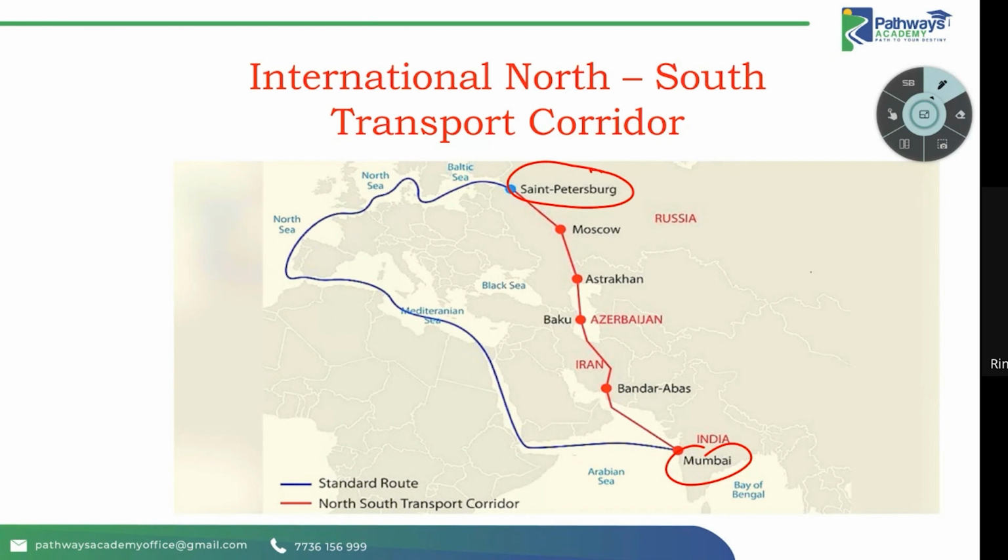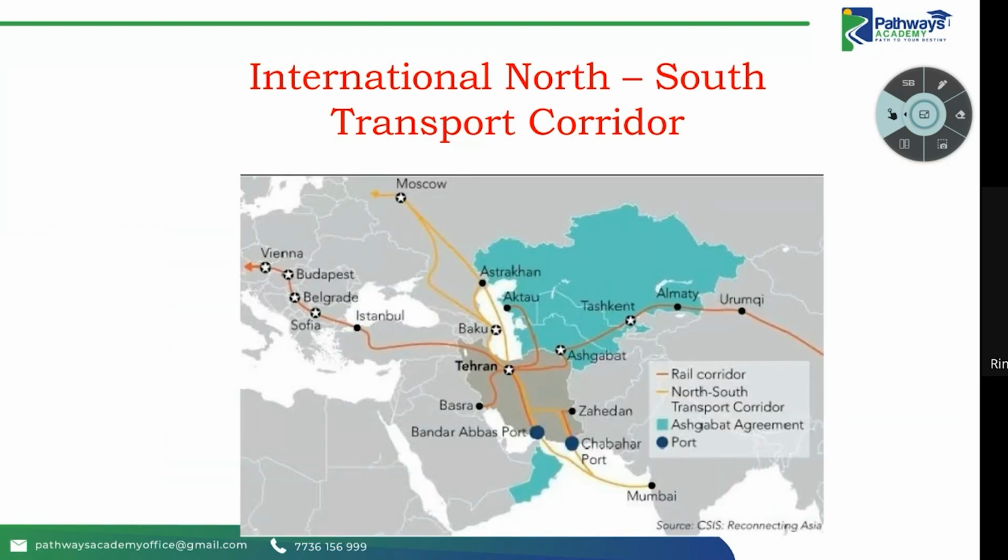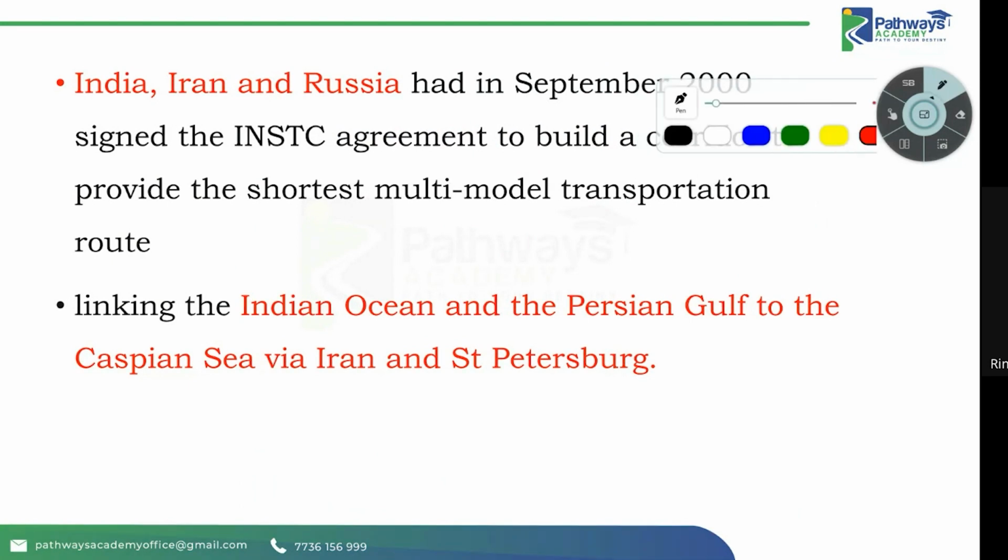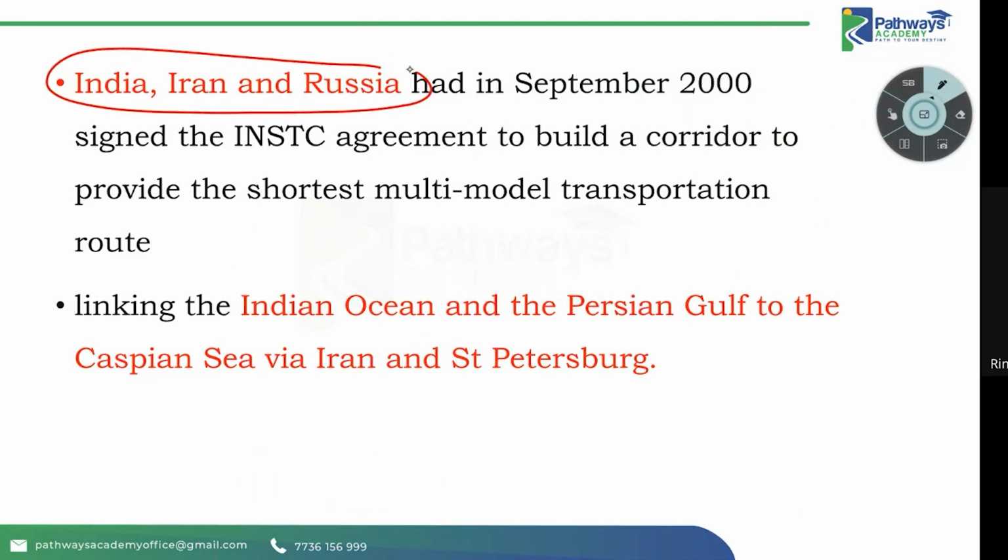The International North-South Transport Corridor is an agreement between India, Iran, and Russia.